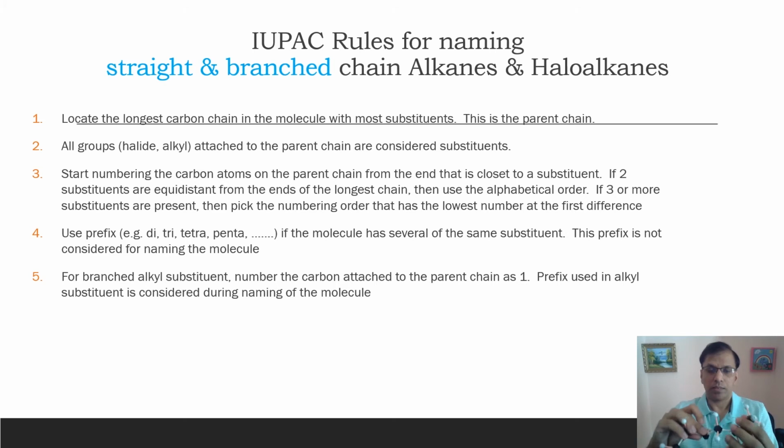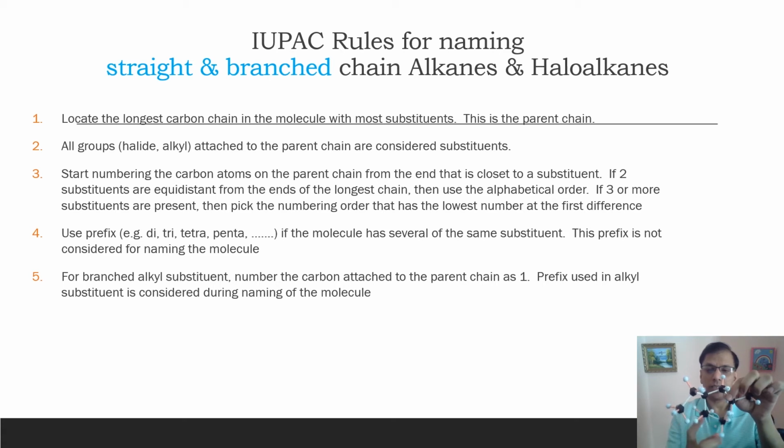This is the same molecule, 1, 2, 3, 4, 5, 6, and this is the substituent which is down here. So that's the substituent, and you can see the carbon atom attached. This is the carbon atom attached to the parent chain, and so this carbon atom is numbered 1, and any substituents attached to it will also be numbered 1.